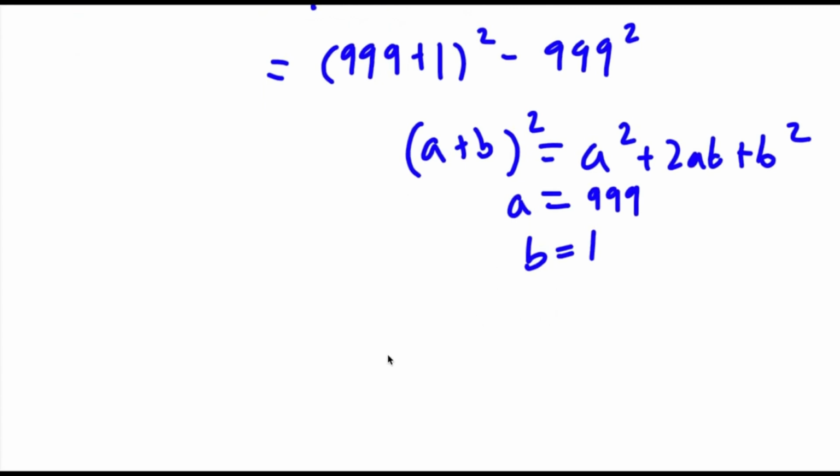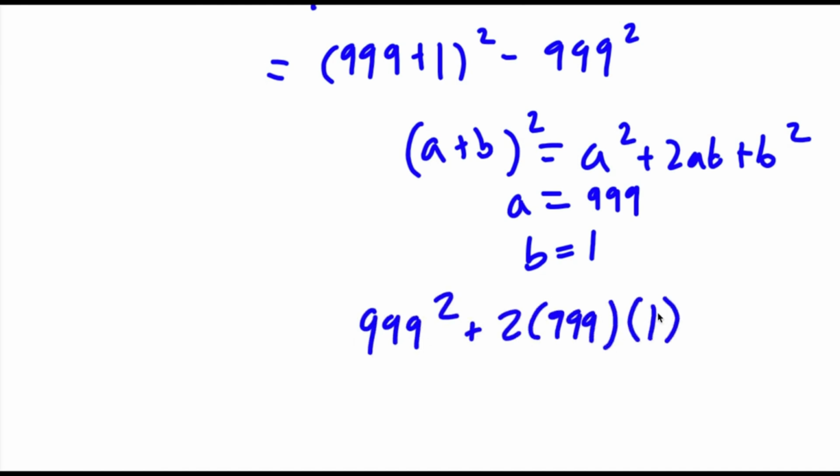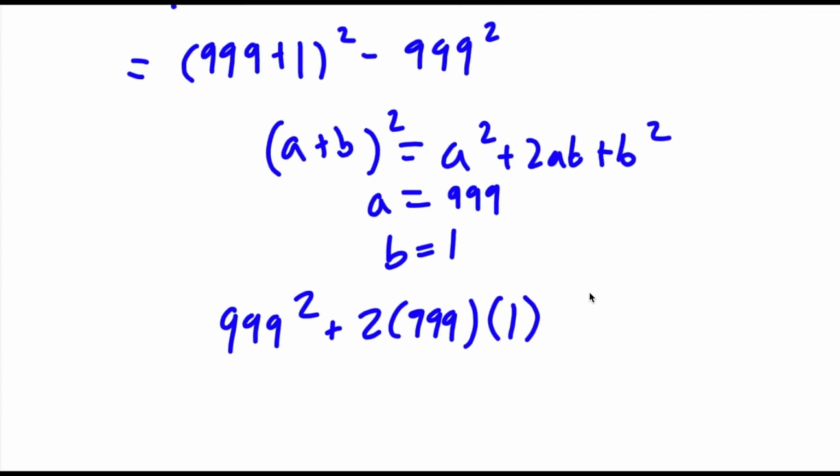So this would be 999 squared plus 2 times 999 times 1 plus 1 squared. And then I have my minus 999 squared at the end.